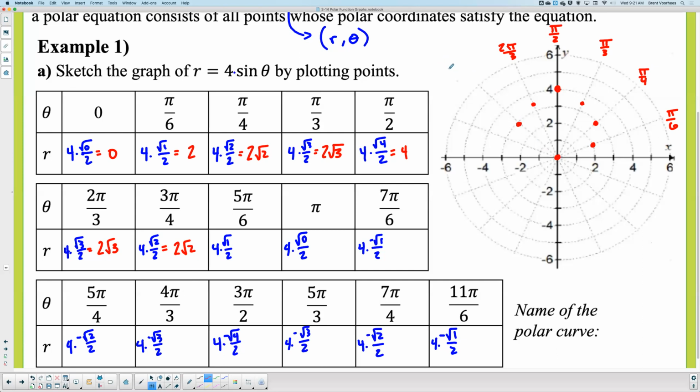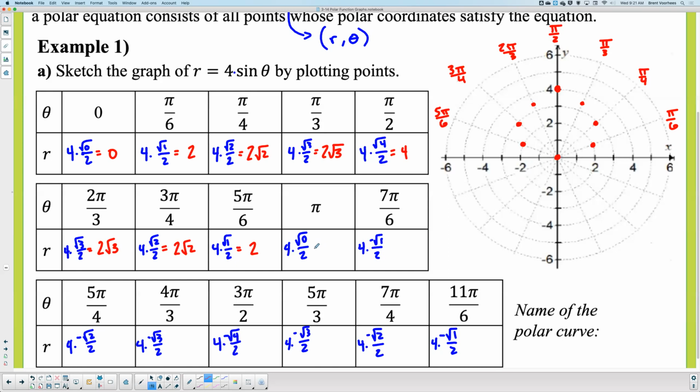That is 3 pi over 4. And then here, what was this value going to reduce to become? 2. And that is at 5 pi over 6. It's like a mirror of the original.